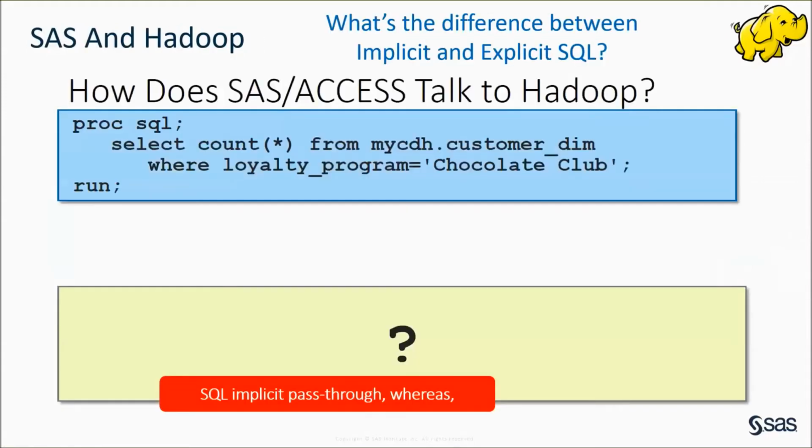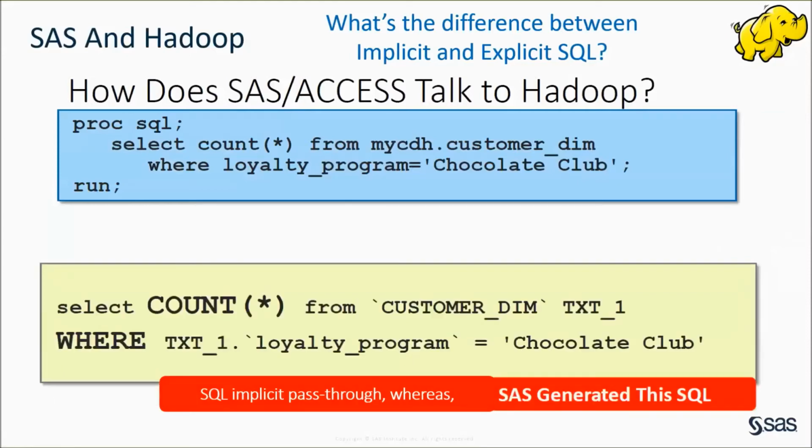So here we are, implicit SQL. What's the difference? Well, here's an example of a PROC SQL set of SAS code, a pretty simple piece of logic and syntax, and this is what the SAS Access Engine will rewrite it into.